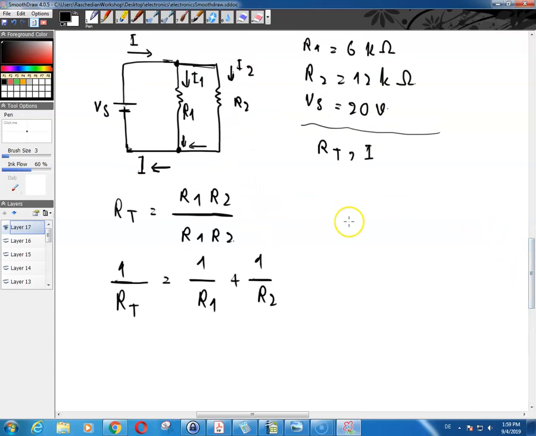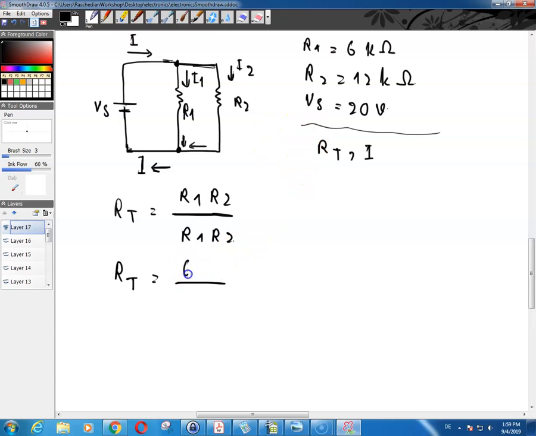So R of T is equal to R1 times R2, and both of these are in kilo ohm, so you don't have to convert back to ohm, and you get R of T in kilo ohm as well.